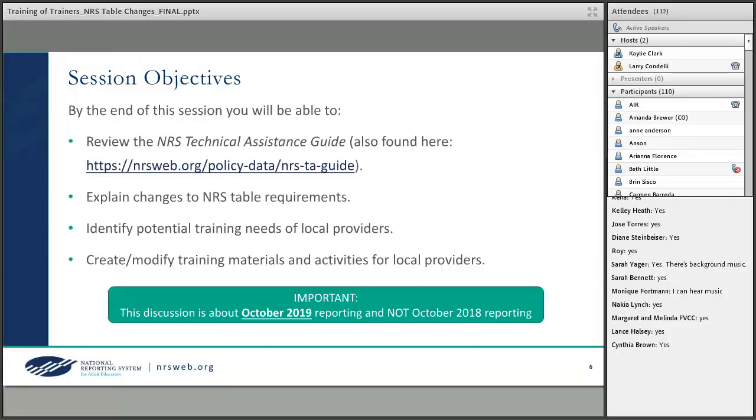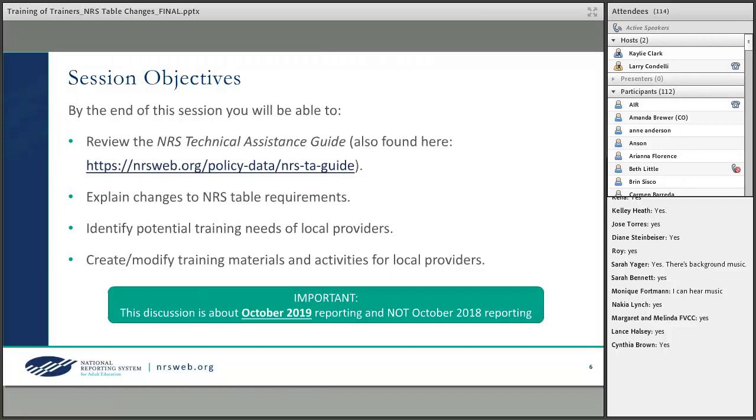For a few minutes, I'd like to explain some of the things in there that are important, go over the requirements for the tables that have changed, and help you identify your training needs. I'll also show you the training materials and activities we've developed that you can use with your local programs or others in your state that you'd like to train on the NRS tables.